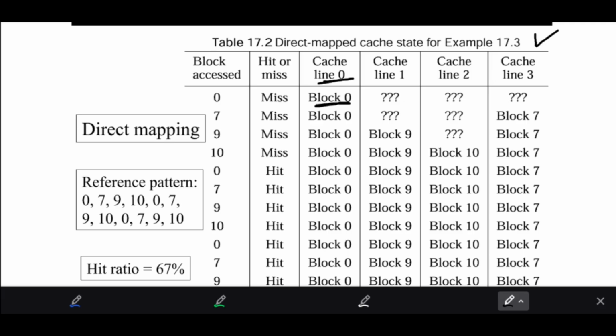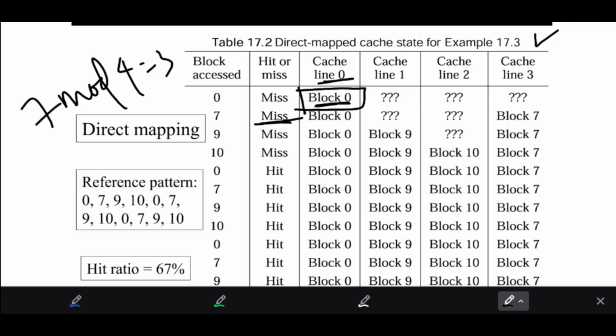Then we request block 7, but in our cache only block 0 is available, so it's definitely a miss. Then 7 mod 4 is 3, so block 7 is mapped to cache line 3.